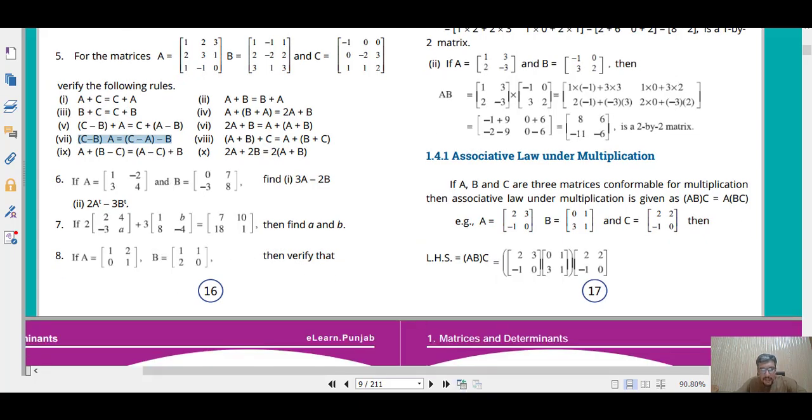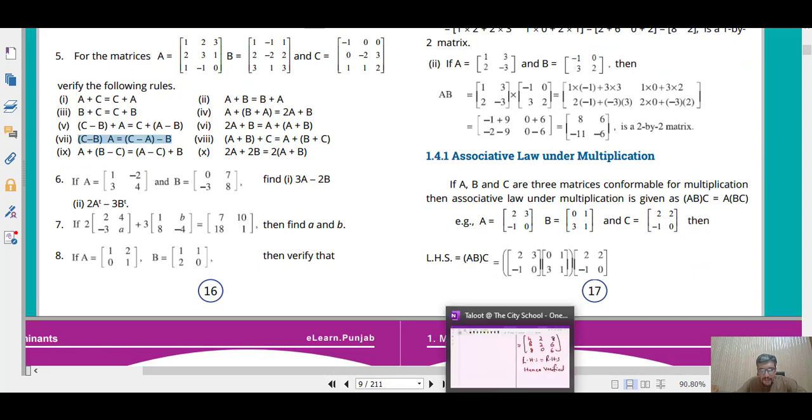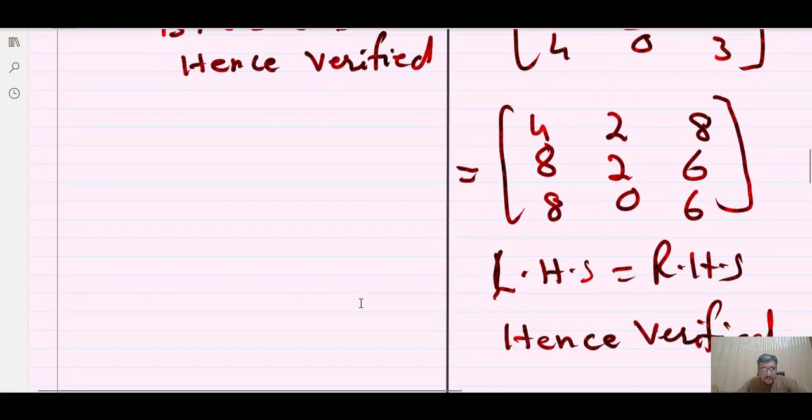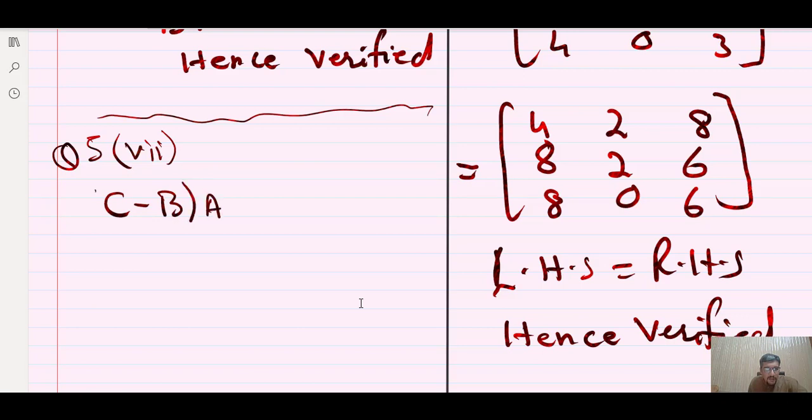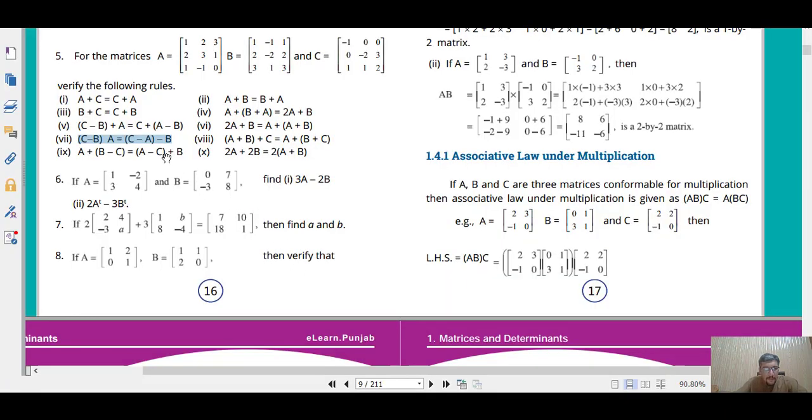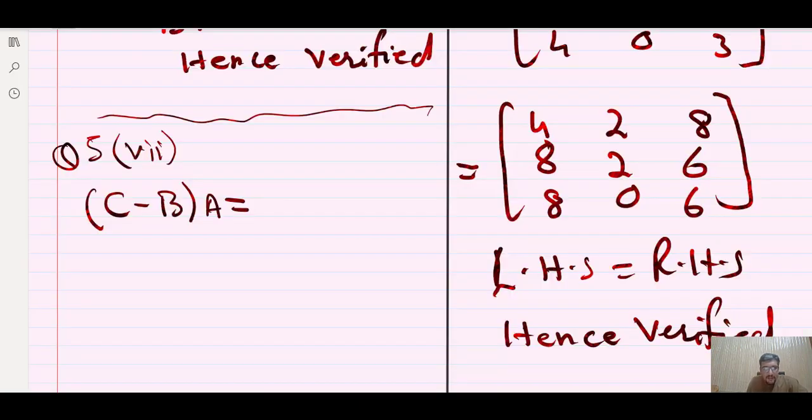So let's solve part number 7 of question number 5. Question number 5, part number 7, that is (C minus B) into A is equal to (C minus A) minus B. Here we have to use brackets.